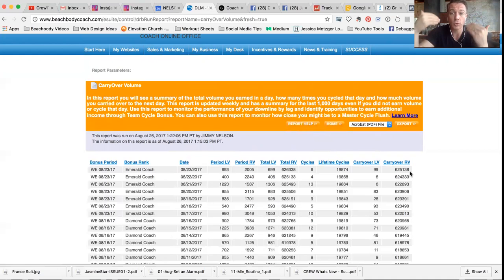What do I do? My goal would be to sponsor as much as I can in this left leg. Now, you have to be emerald or higher. So if you're not even emerald yet, that's step one: sponsor somebody in your left and your right leg.